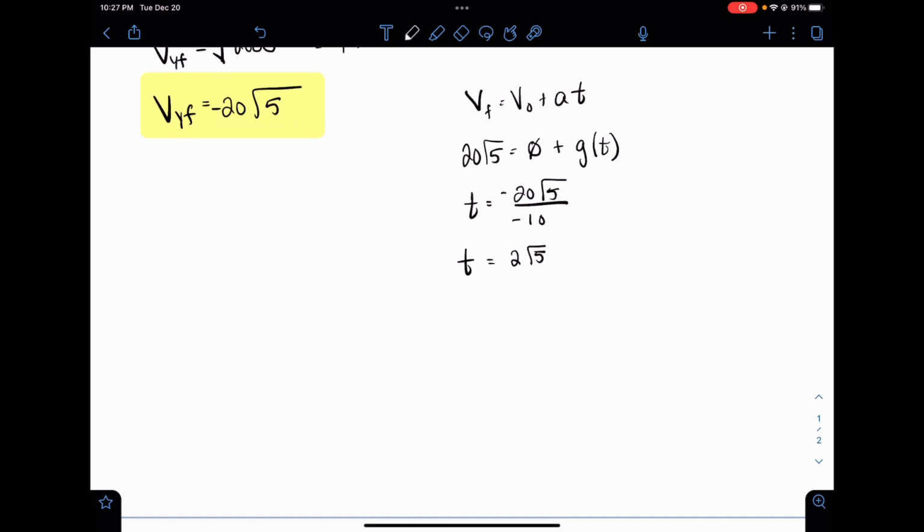V final is going to be the square root of 2 times 10. This is going to be a positive 10 because, again, this is non-directional. It's just the magnitude, times our height of 100, plus 100, which is our initial velocity in any direction, squared. And this is all to the 1/2.